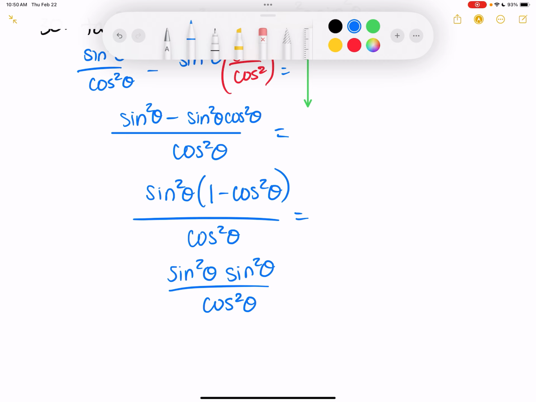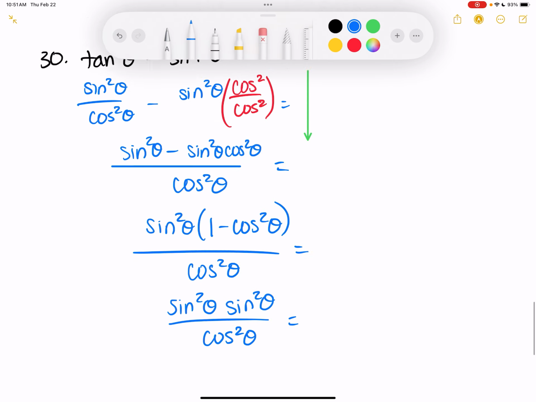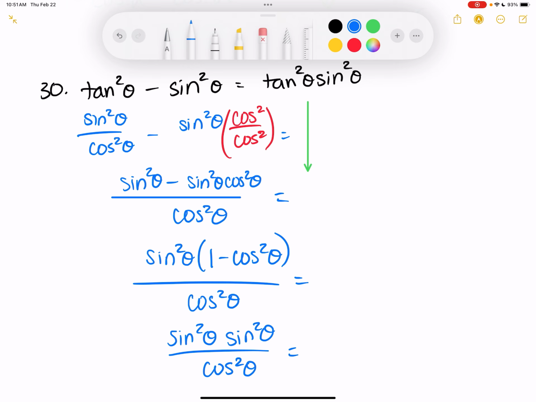We are in fact on the right track. I just checked. I know this looks weird because of the nature of how it's now written, but it's intentional. What are we trying to get to? Kind of lost it here. Tangent squared times sine squared.